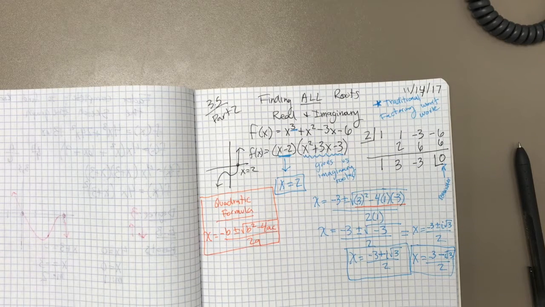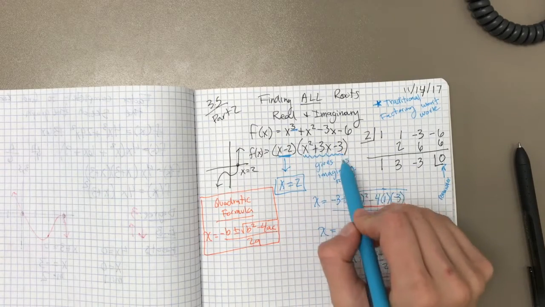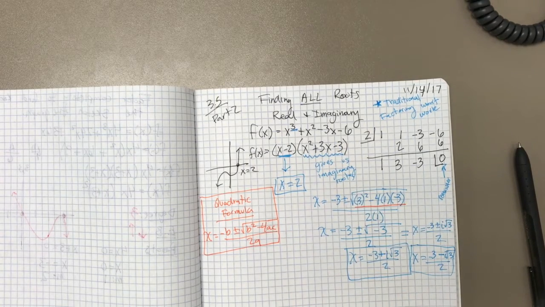Okay. So what we need to take away from this is, when given a polynomial that we cannot factor, we're going to have to graph it, find a zero, and then use our synthetic division. Okay, so graph, find a zero, use synthetic division. Okay, we're going to do one more example in the next video.